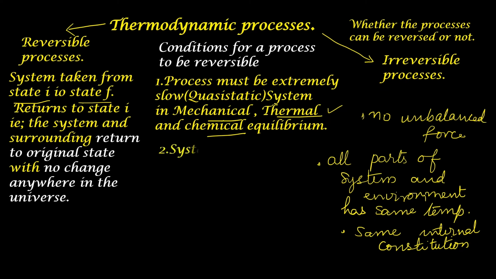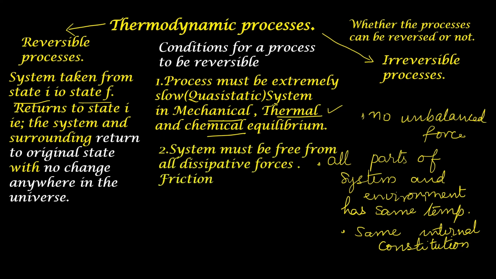Now the second condition, the system must be free from all dissipative forces like friction, viscosity, elasticity, etc. Friction is the force acting opposite to motion. Viscosity is the force which prevents spreading of a fluid. Elasticity is the force which helps objects to retain its original size.